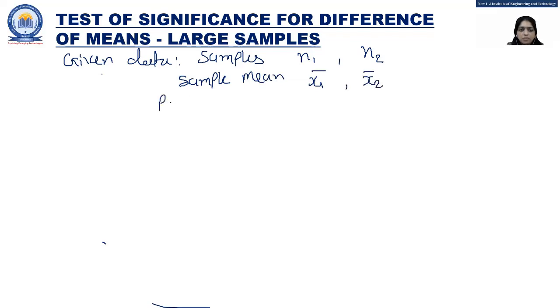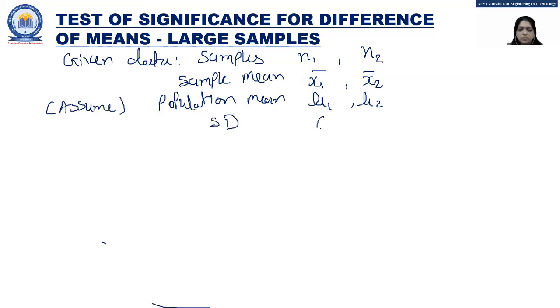Then population means, which we can assume as mu1 and mu2, right? And it is assumed. And the last one is standard deviation, sigma 1, sigma 2.